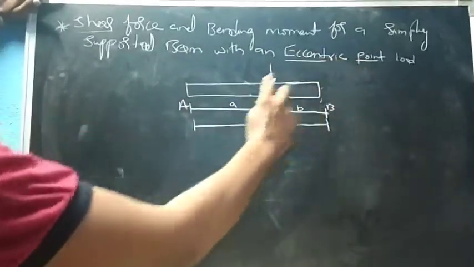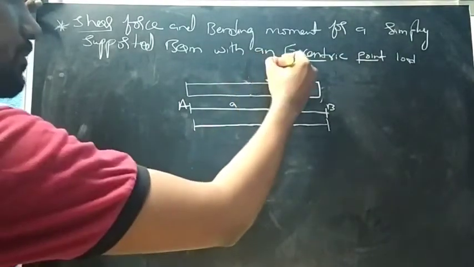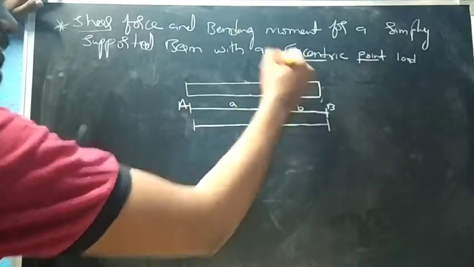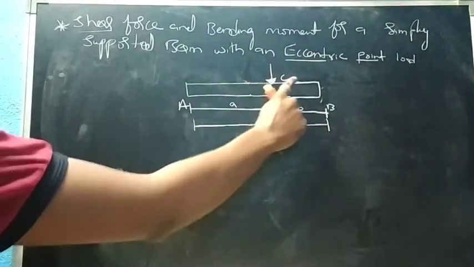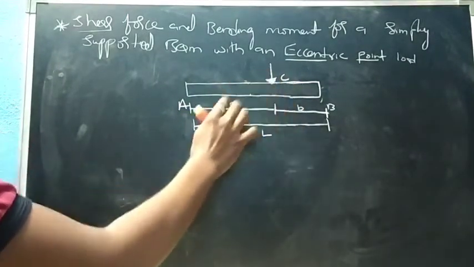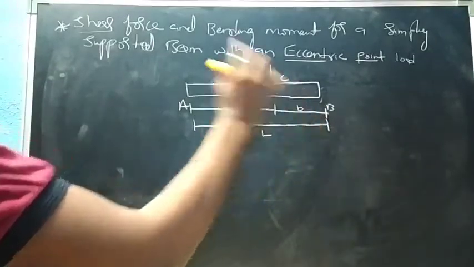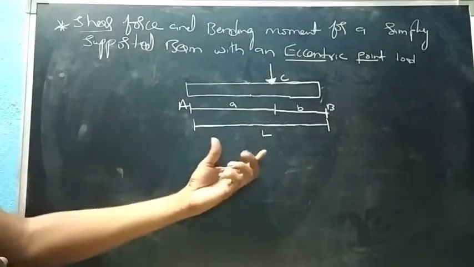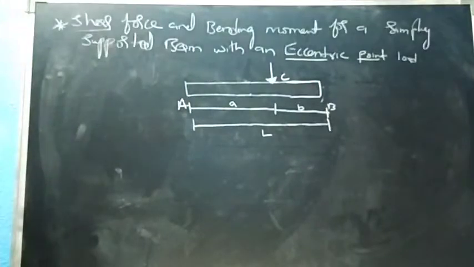Here the load is acting away from the middle. The point of load we'll name C. The length between A and C is small a and the length between C and B is small b. Let us try to find the shear force and bending moment diagram for this kind of eccentric loading.